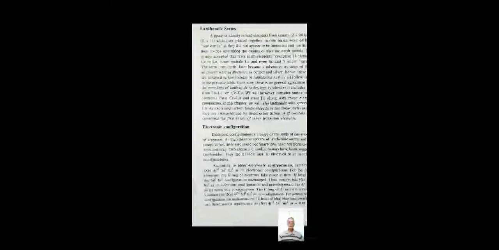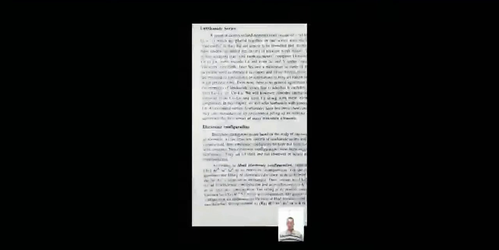Now in this case, lanthanides were earlier called rare earth elements. All the 14 elements are called rare earth elements because these elements or their compounds are found in very small amounts in the earth's crust.